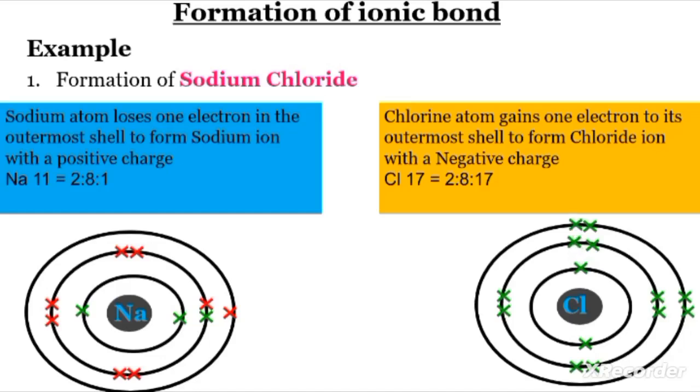So chlorine will gain 1 electron and become a negative anion. Let us illustrate. Sodium will lose this electron, and this electron will stay here.